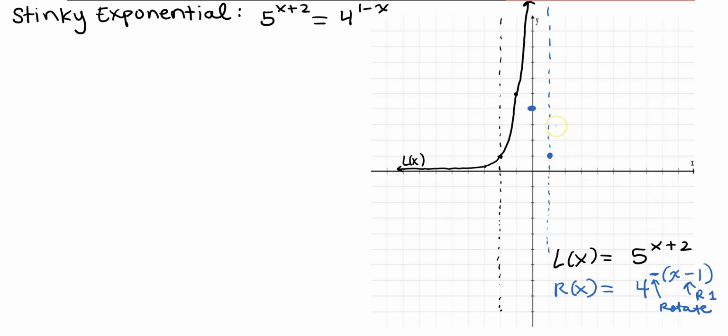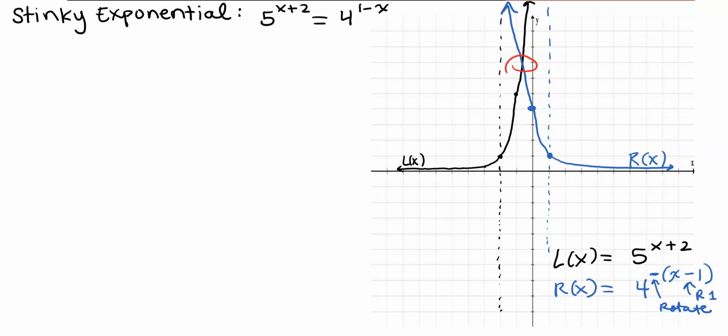I'm going to now go left 2 up 16, which will be all the way up there. And then on the other side, it's going to do this because we know that the exponential function has a horizontal asymptote. So now if we look at that, we would say, well, there must be a solution somewhere right there. Okay, now let's go and find that solution.